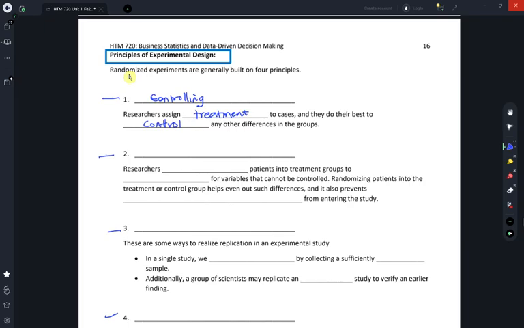Another principle of experimental design for ensuring that causal connections can be drawn at the end of the day is randomization.